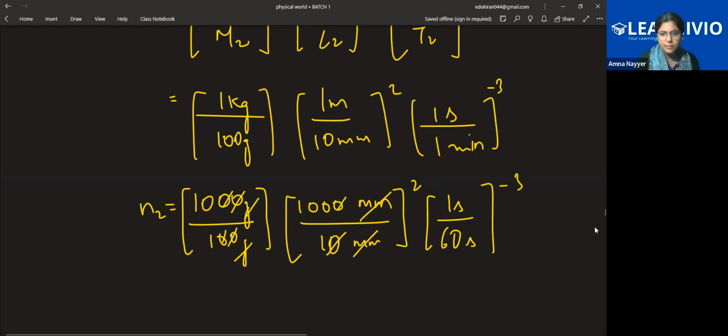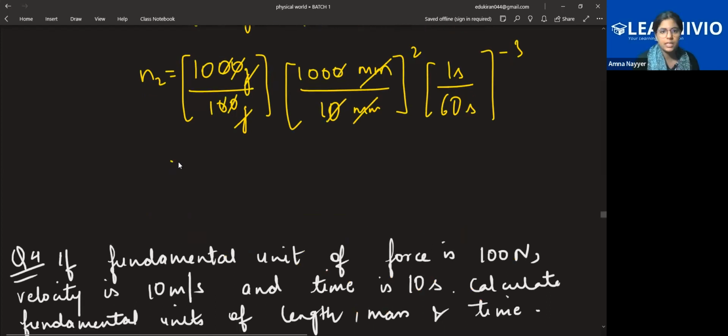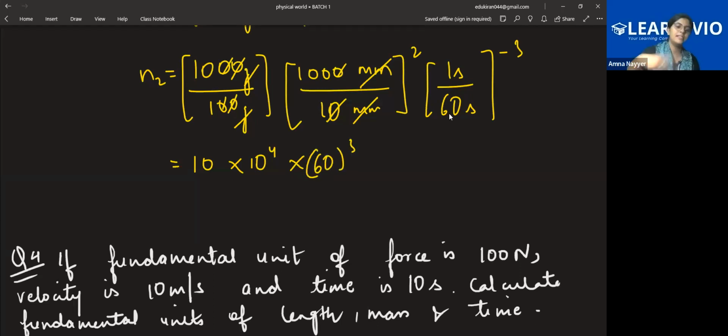Now see, this is 10. This is 100 square. 100 into 100 is 10 to the power 4. This is 60 to the power 3. See, if I bring 60 in the numerator, seconds will get cancelled. So 60, when I bring this in the numerator, the power which was negative will now become positive, 60 to the power 3. So we can write this as 216,000.